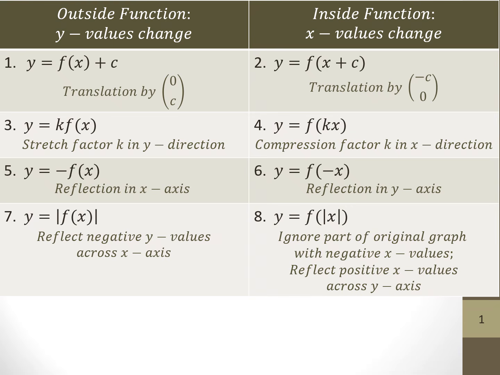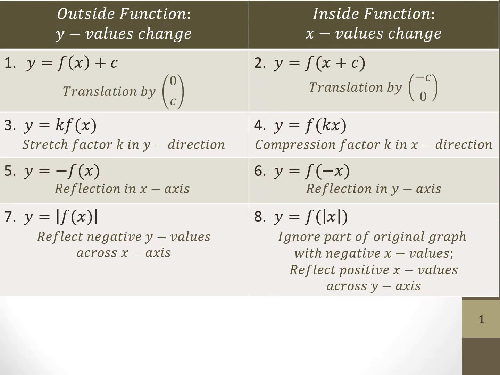Transformation 5 and 6, these are reflections, either in the x-axis or reflection across the y-axis. There's a little bit more that goes on with the modulus transformations, number 7, number 8, and we'll look at each of these later on.